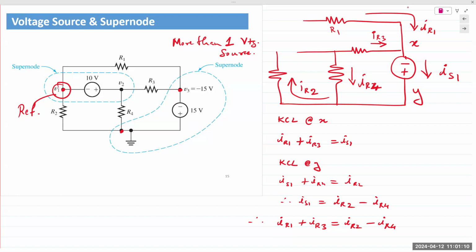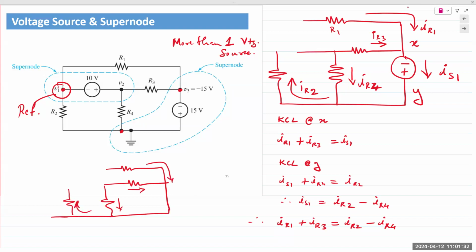You're simply shorting it out. So if I short that out, this is how it would look. I have the resistor here, the node here, another resistor here. This node is connected. So I have current coming in, current coming in, current coming in, and this current leaving.